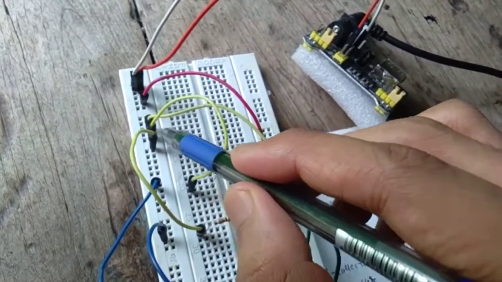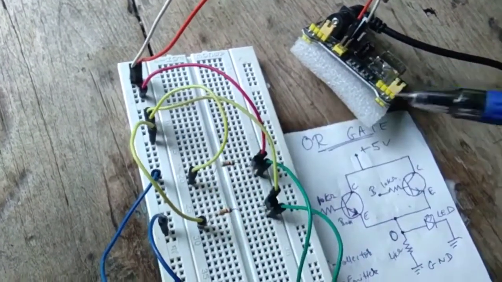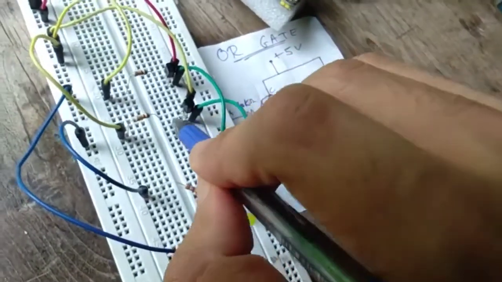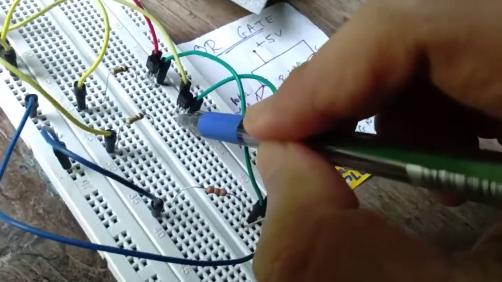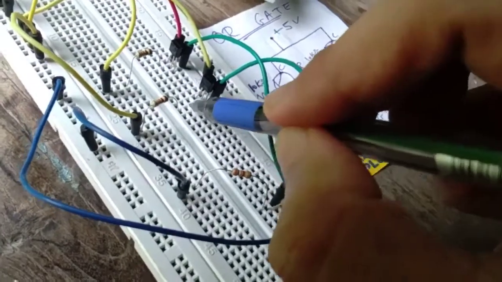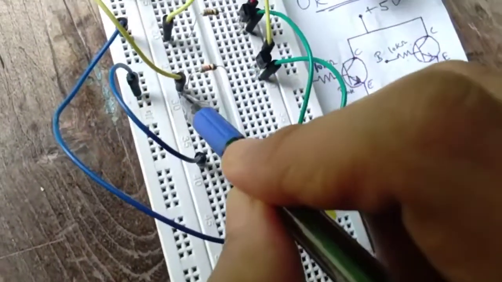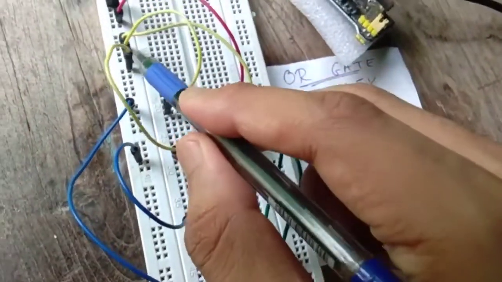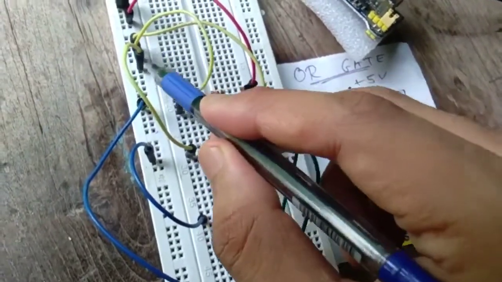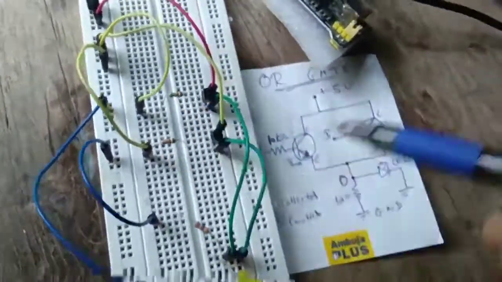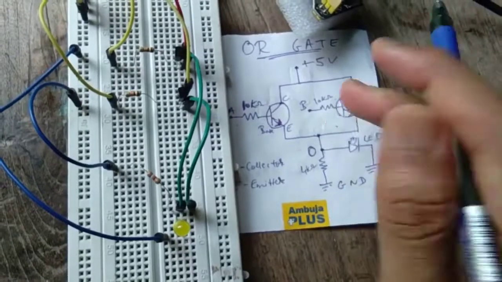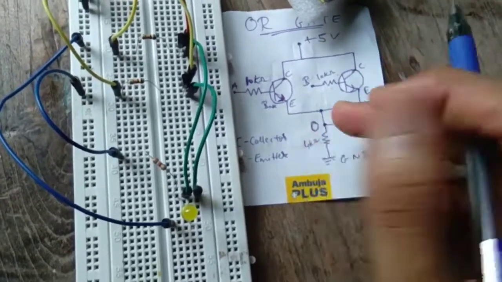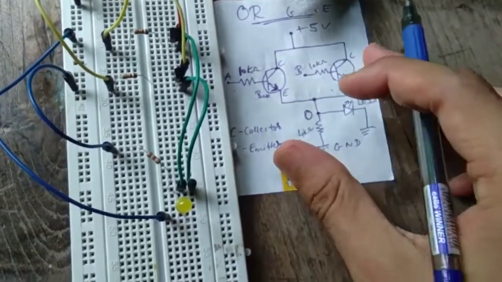I will be taking the input using the 5 volt supply. Again the second transistor is connected to a resistor at the base terminal, which goes to a yellow wire connected to the 5 volt supply, which is input B. So these are input A and input B connected to transistor 1 and transistor 2 respectively.